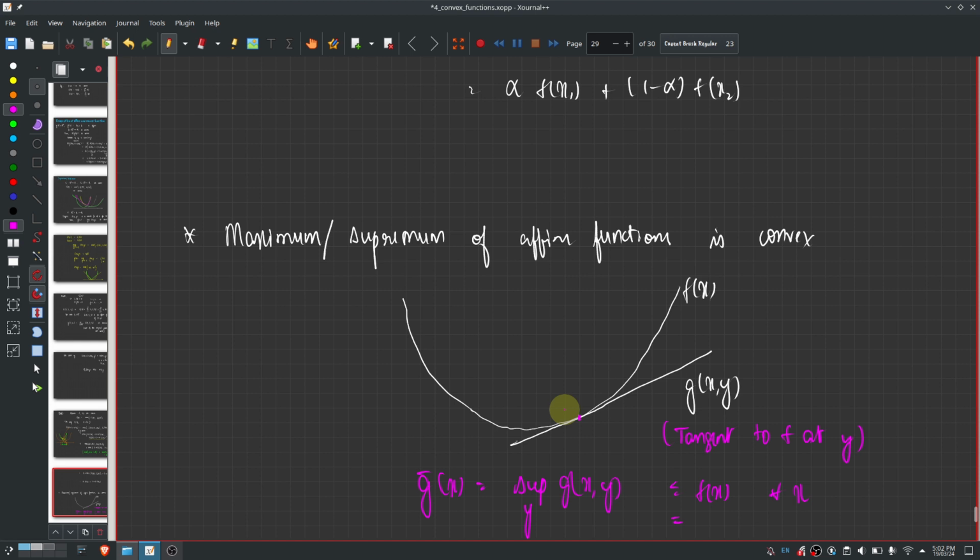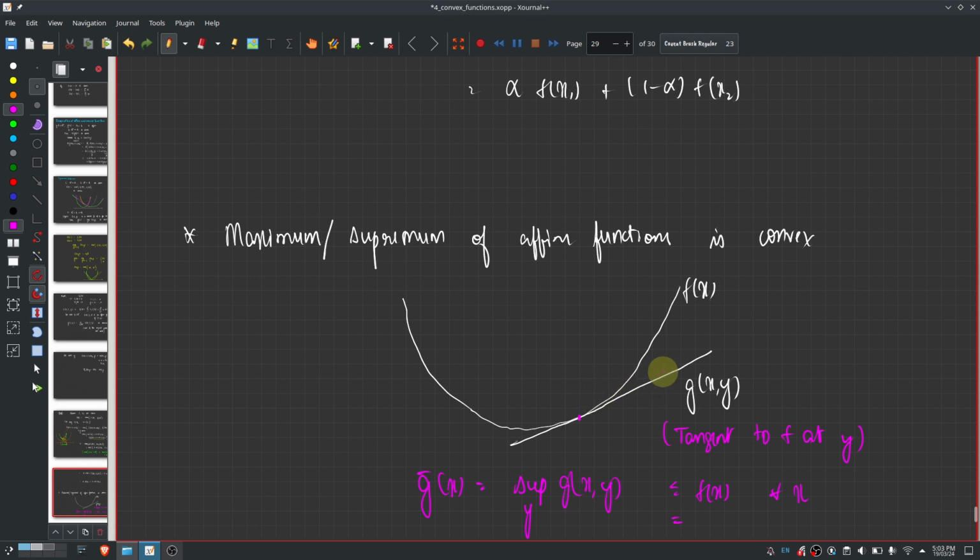So in fact, as long as the function is sufficiently nice, you can write any sufficiently nice convex function as the supremum of infinitely many affine functions. But this also has an interpretation in terms of the epigraph. If you recall, when we talked about convex sets, we saw that most convex sets could be written as an intersection of half spaces.